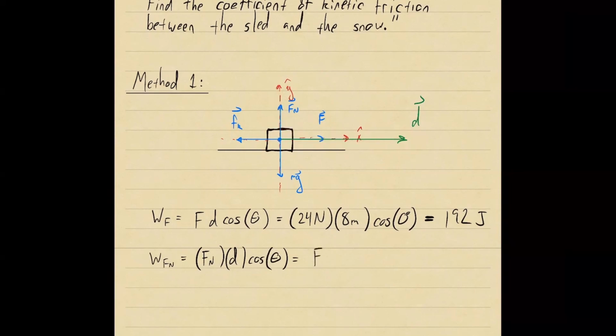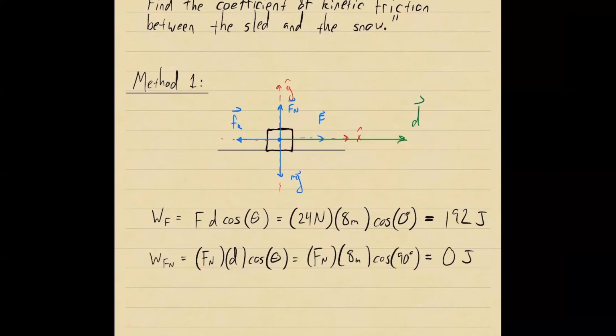So this is going to be 10 times 8 meters times cosine of 90 degrees. But cosine of 90 degrees is 0. So it does 0 work in moving the box 8 meters to the right.